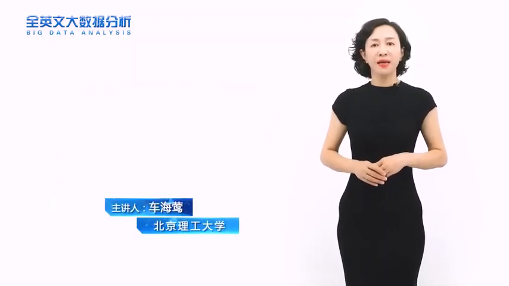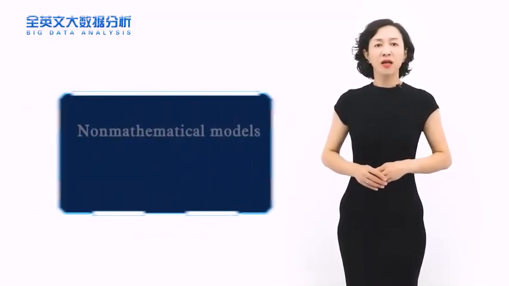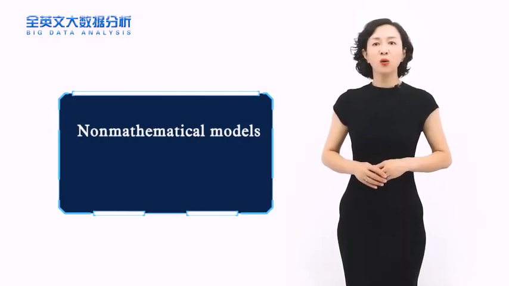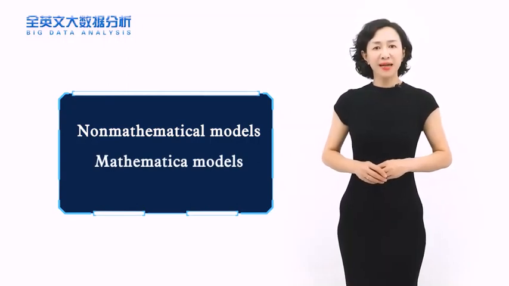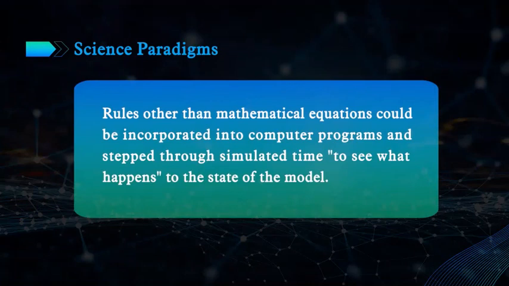A major step in the use of computational science was taken when it was realized that non-mathematical models could be simulated, as well as mathematical ones. That is, rules other than mathematical equations could be incorporated into computer programs and stepped through simulated time to see what happens to the state of the model.